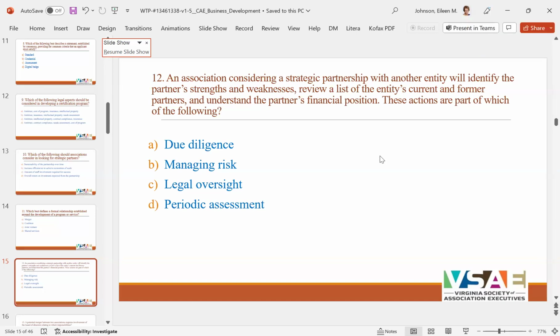An association considering a strategic partnership with another entity will identify the partner's strengths and weaknesses, review a list of the entity's current and former partners, and understand the partner's financial position. These actions are a part of which of the following? Due diligence, managing risk, legal oversight, or periodic assessment.